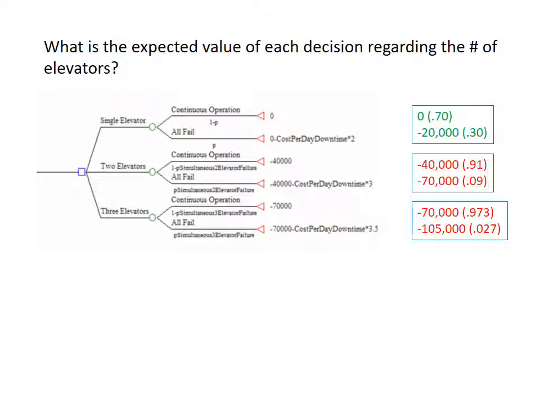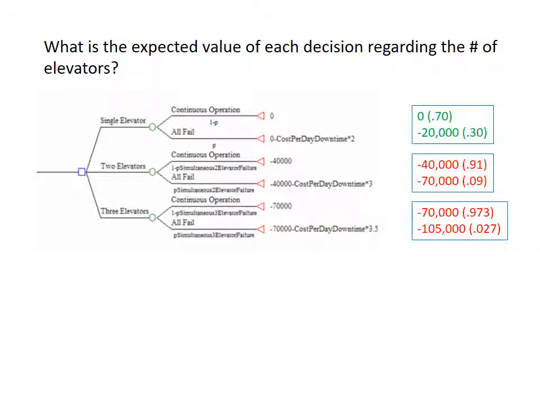So to find the expected value of the choice of just maintaining a single elevator, it becomes 0 times 0.7, so a 70% chance of continuous operation, plus a 30% chance of losing 20,000.